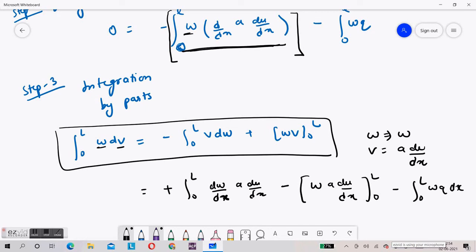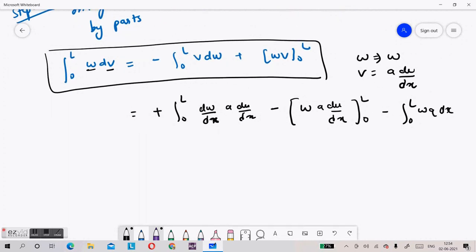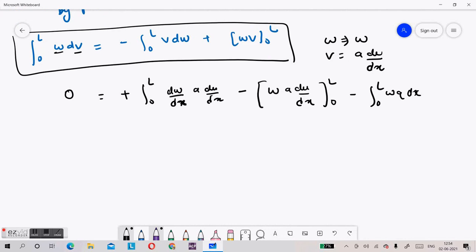After that, we will combine these terms together.